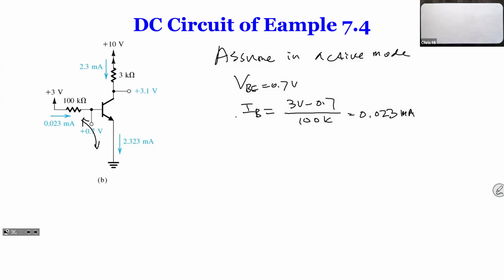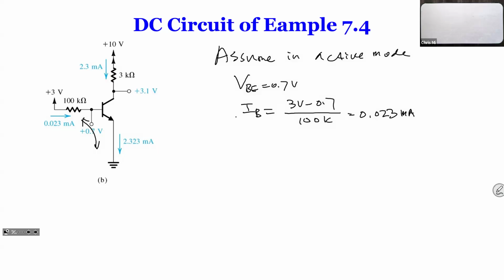So this step is important. In active mode, the base to emitter voltage drop for DC is 0.7 volts. So this assumption can typically be made. If you're not given it, just make that assumption and you don't have to worry about it.